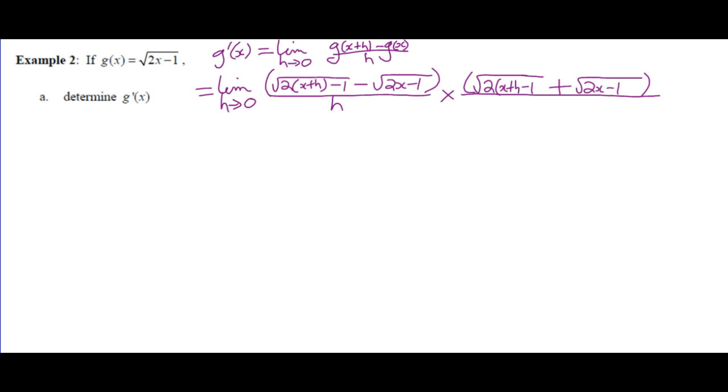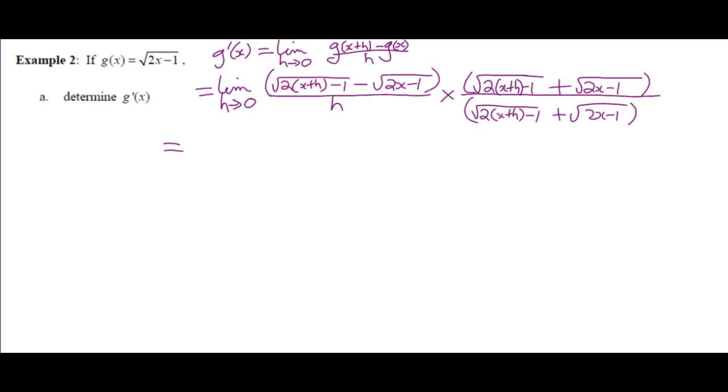And what goes on the bottom? Same thing, right? Because this over this is just 1, so we're not changing its value, we are changing the form. So 2 times x plus h minus 1, bracket, plus the root of 2x minus 1.